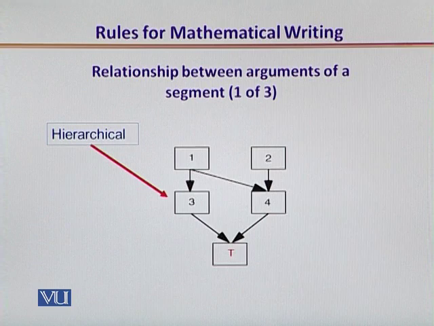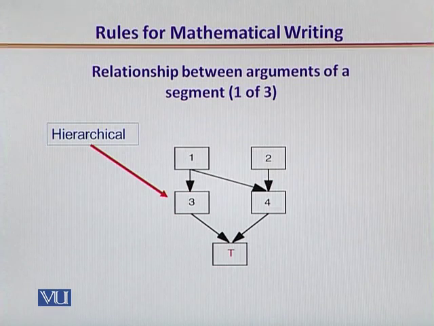For example, the arguments within a segment could be related to each other in a hierarchical way. Here we see that there are level 1 arguments, level 2 arguments, and finally these are transitioning into the end of the segment. Here we see that there is a many to one relationship that exists between these arguments.